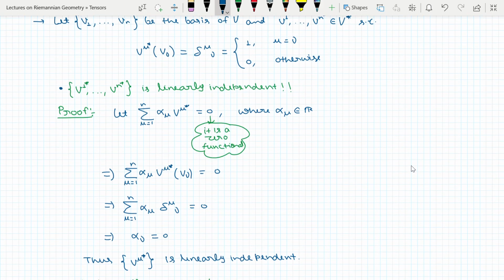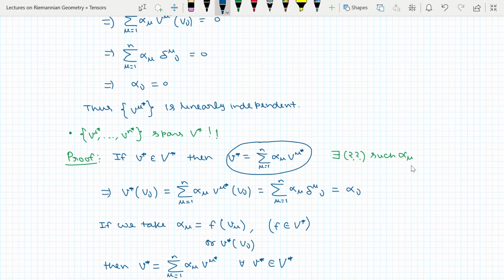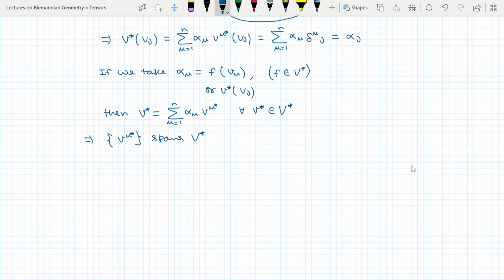So we have shown two things. The first thing was that this set of elements is linearly independent, and this set of elements spans V star. What does this give you?